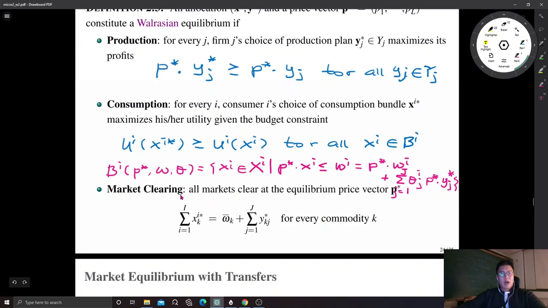And finally, we need a market clearing condition. So all markets must clear at the equilibrium price vector, p*. So the market clearing condition is just a feasibility condition. So total demand for commodity k by consumers should be equal to total supply.